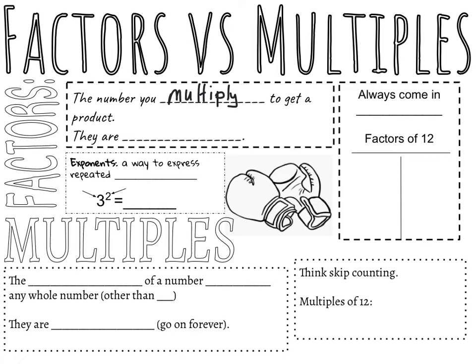The other thing about factors that we should note is that they are limited, right? So that means there are only so many factors of each number. The other thing to note about factors is that they're always going to come in pairs, right?